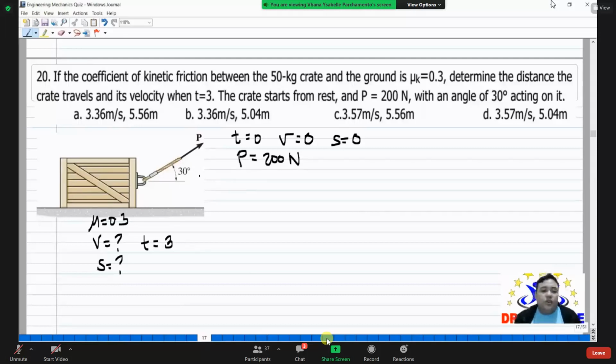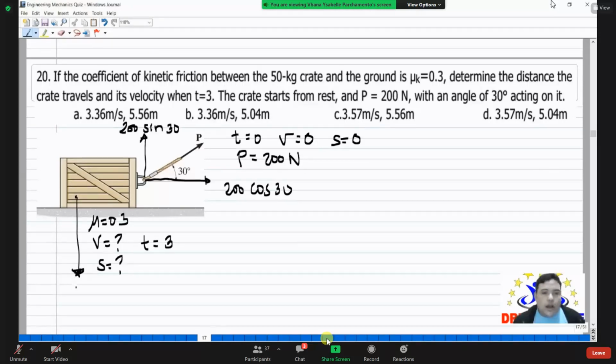So, here, we have components. Since our force is inclined, this is 200 cosine of 30. This is 200 sine of 30. Those are the components of our force. What other forces do we have? We have also the weight. The weight is downward. So that is 50 times our gravitational pull, which is equal to 9.81.